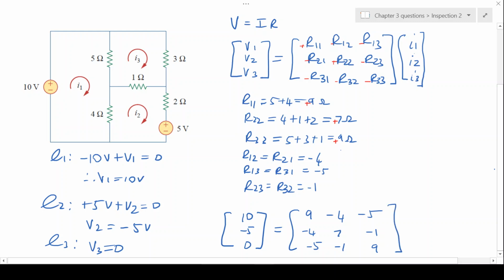So we double check to make sure. So 1, 2, and 2, 1 we know should be the same. We know that 1, 3, and 3, 1 should be the same. We know that 2, 3, and 3, 2 should be the same.